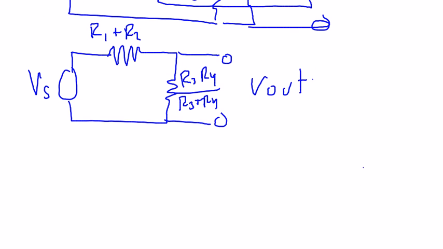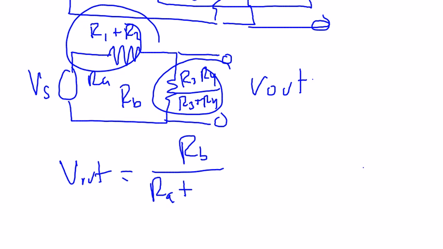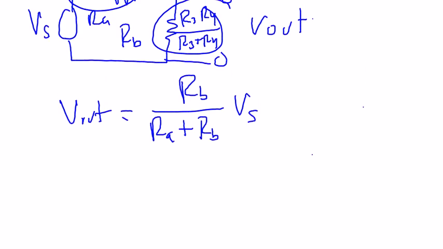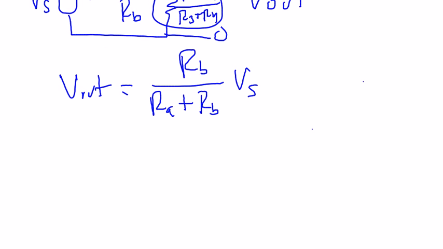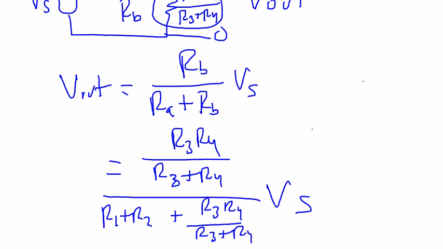So now V out, if we call this RB and this RA, V out is going to be RB over RA plus RB times the source, which we can then substitute in for RB and RA to get R3 R4 over R3 plus R4 over RA, which is the sum of R1 plus R2, plus RB again, R3 R4 over R3 plus R4, times the source.